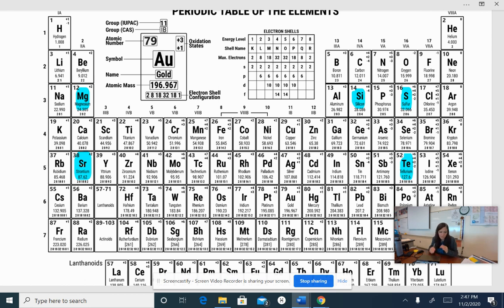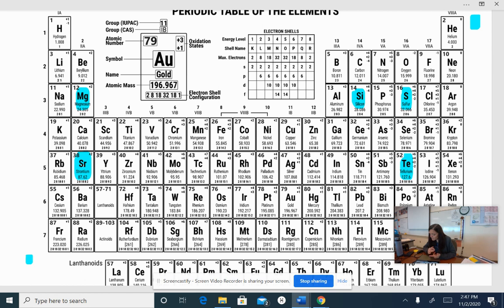So we want to go from the smallest to the largest. Okay, so remember, atomic radius was smallest up here near helium, and it was largest down here in francium. So the smallest, if we go to that trend, would be sulfur.